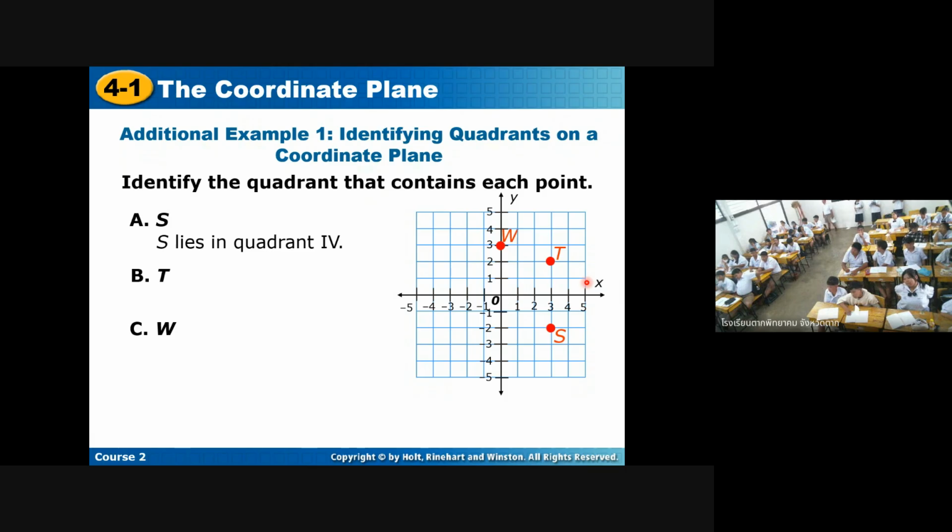How about point T? Can you tell me which quadrant point T is located at? If point S is located at quadrant 4, what is the location of point T?